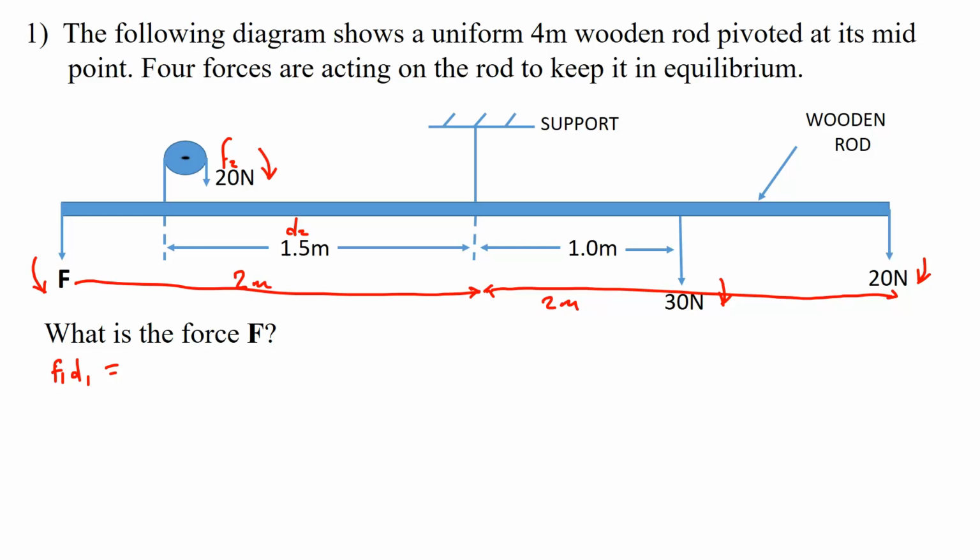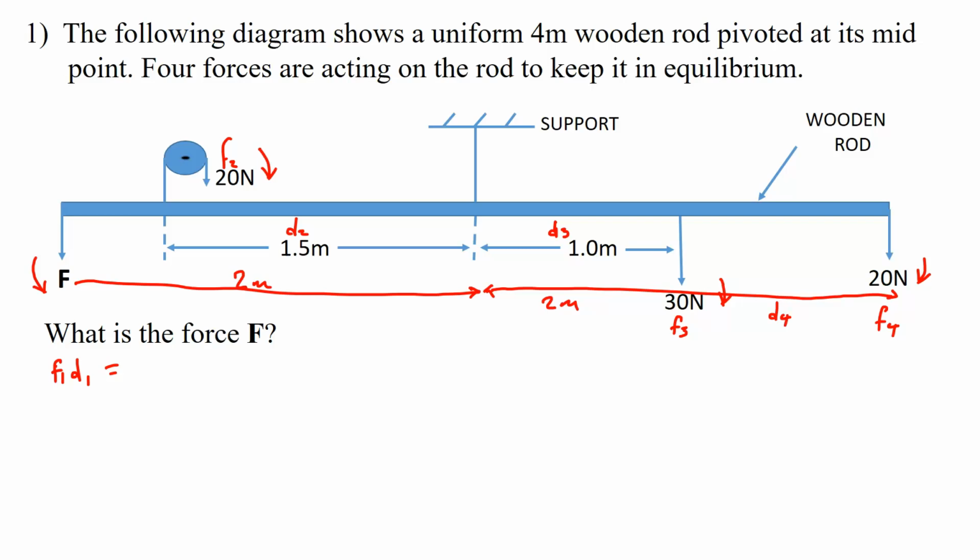And then we have 30 newtons here will be the F3, and then the 1 meter will be the distance 3. And then we also have 20 newtons. So this 20 newtons will be the F4. And then its distance from the pivot will be D4.